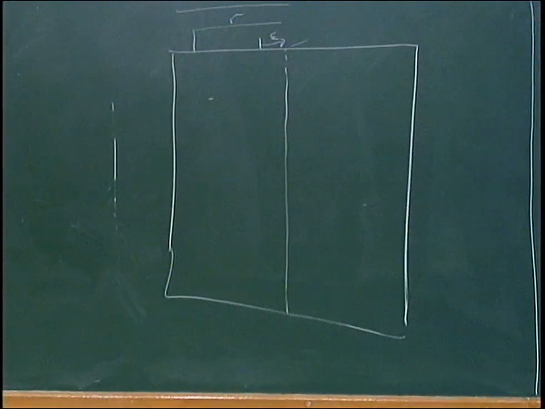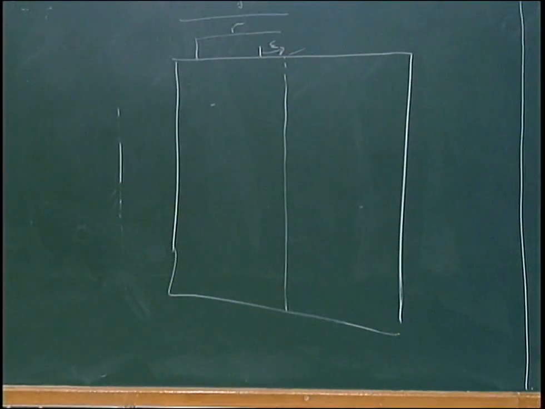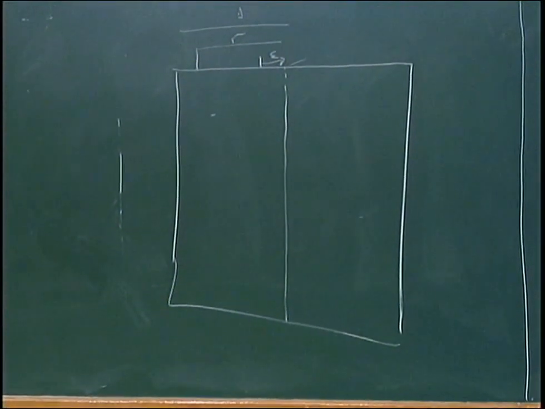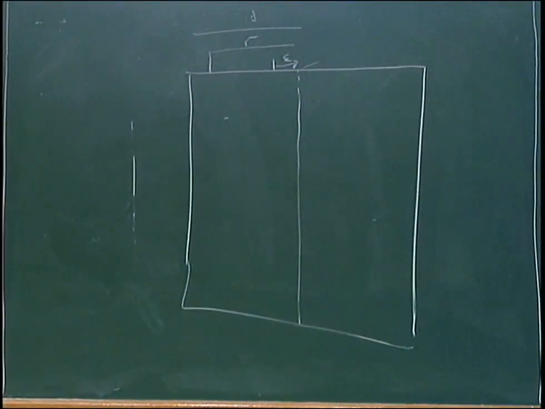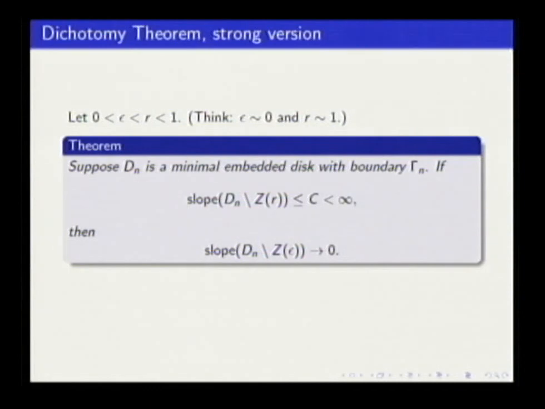So you have 0 less than epsilon less than r less than 1, but think of epsilon as being very close to 0 and r as being very close to 1. And now again, take D_n as an embedded minimal disk with boundary gamma_n.